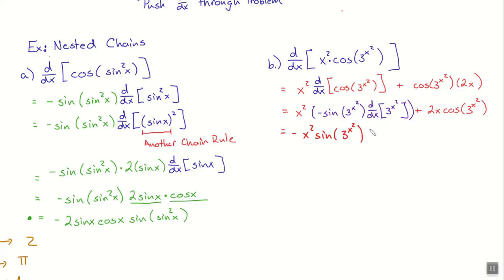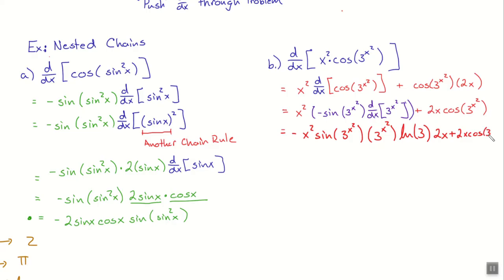It's a to the u, which in this case would just be 3 to the x squared, times the natural log of what is our base? Natural log of 3. And then it'd be times the derivative of x squared at this point, right? U prime, which is what? 2x.